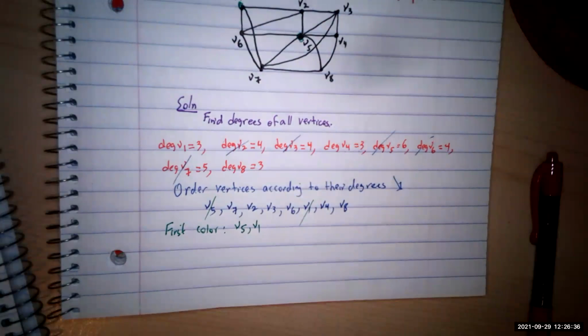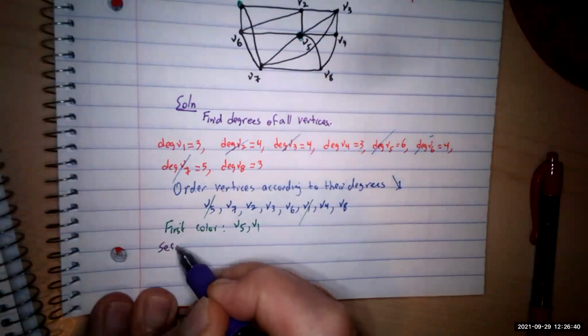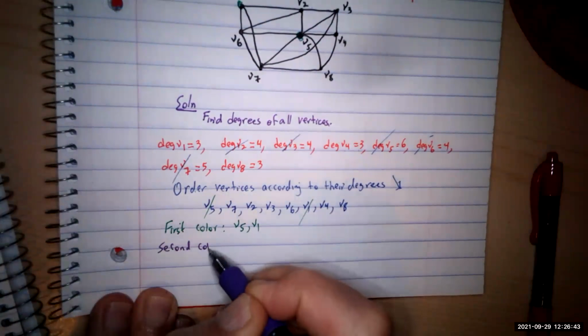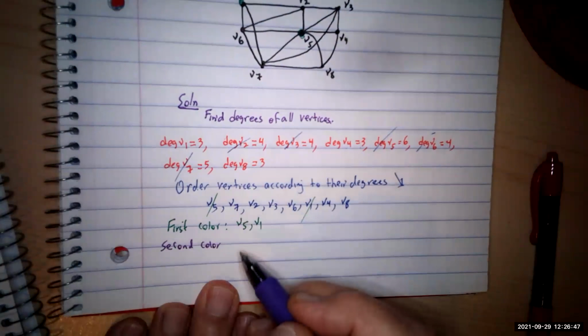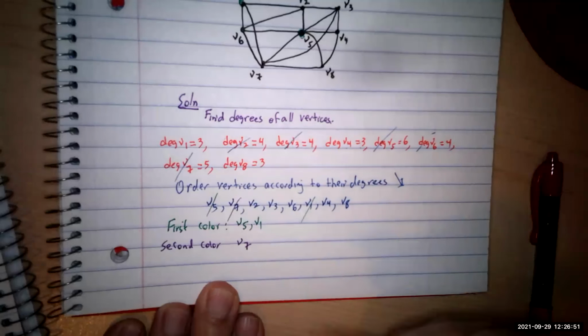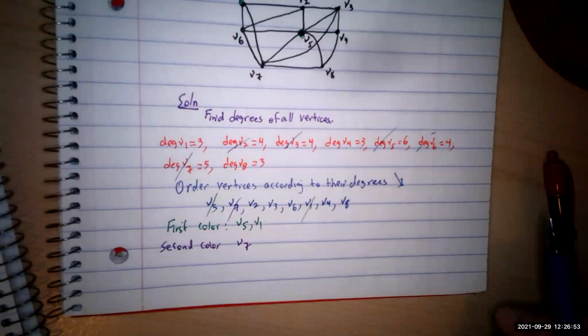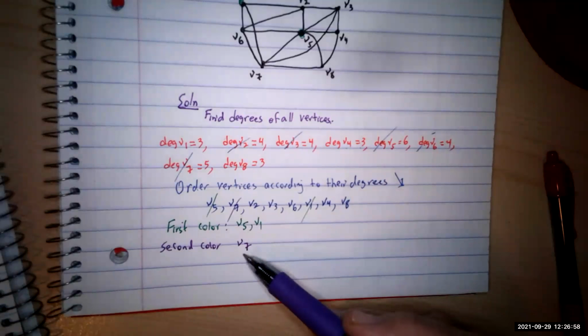So we go to the second color, second vertex. We start with the V7. Then again, you bring in a vertex that is not adjacent to the V7.